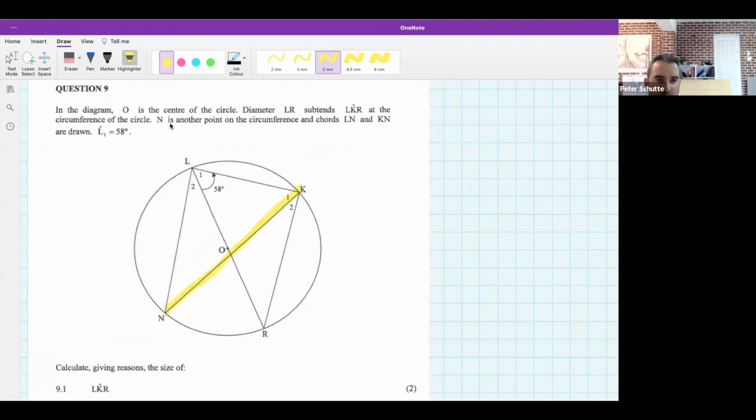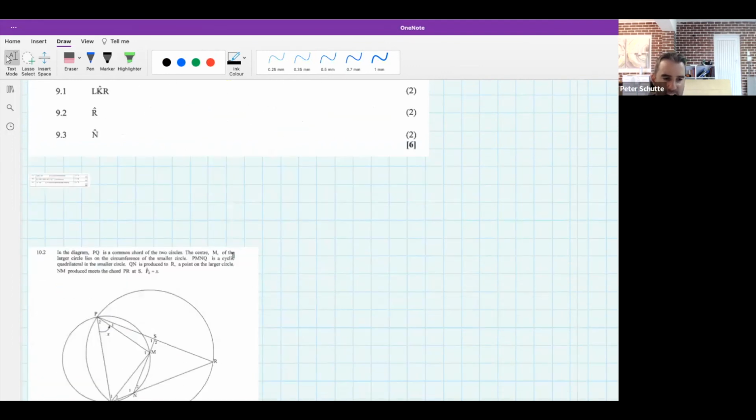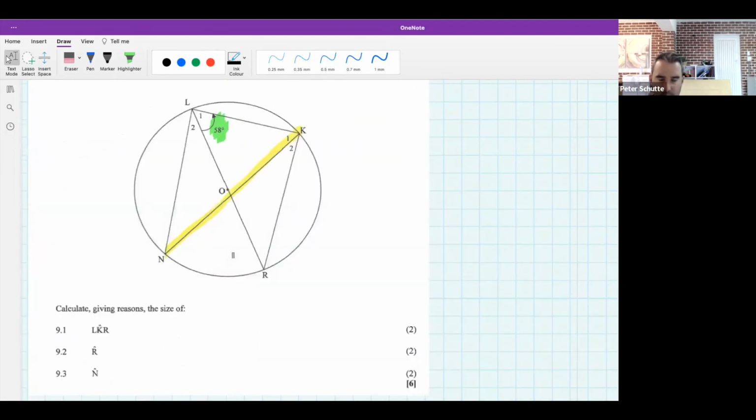N is another point on the circumference, and chords LN and KN are drawn. If we look at this question, you can see how this type of question is related to the content and ideas that we've spoken about today. So in the next lesson, we'll roll through a bunch of old exam questions that use the ideas that we've done today.